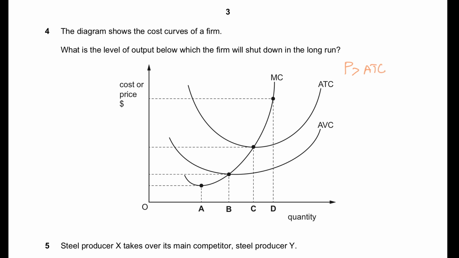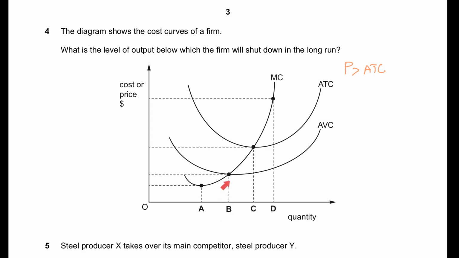So you can see in this case, price greater than ATC can only be possible if the price is somewhere here, because if the price is below this point C, or for this quantity, you can make a loss. In the short run, things would have been different.